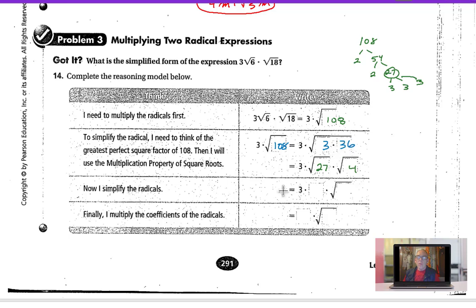So that gives us 3 times the square root of 3 times the square root of 36. The square root of 36 comes out as a 6, and we're left with the 3 inside the radical. So then we get 18 square root of 3 as our final simplified answer.